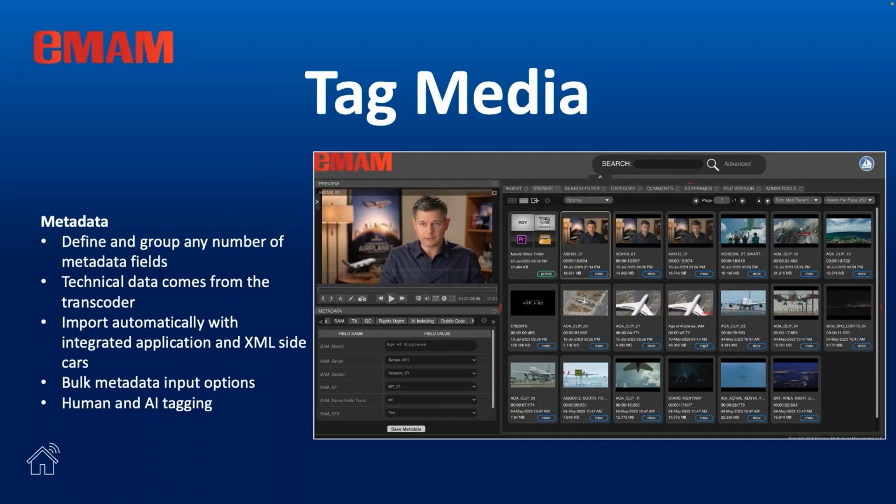You basically can define the different fields that you have, and then put them into metadata groups, and then allow users to access that metadata. We also do metadata uploads via CSV or XML. We can do bulk updates through a CSV file, or through the interface, you can actually do a bulk update based on a category. And then we also do have AI tagging as well.